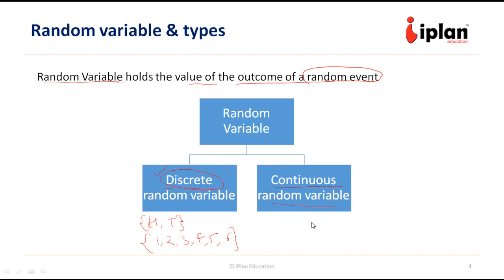For example, there is a random event which could be rainfall on a particular day. So this is also a random variable, but this can hold a large range of values or infinite number of values. For example, if the rainfall could be between say 2 mm to say 200 mm, so it can have any value.